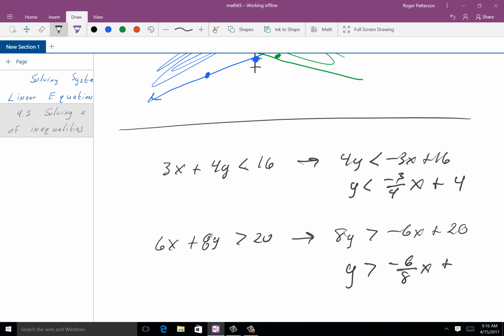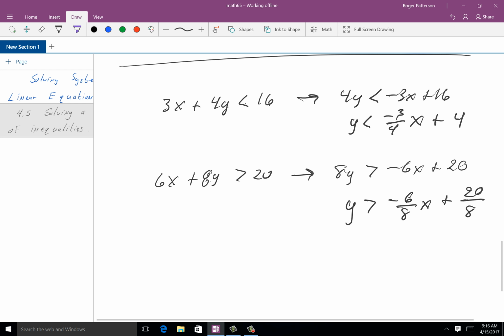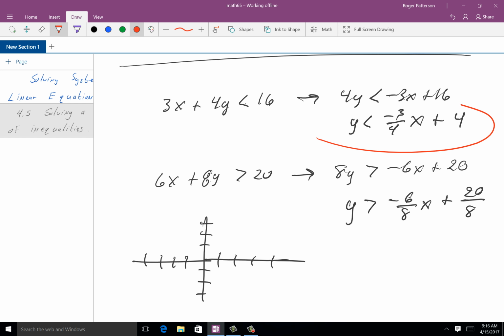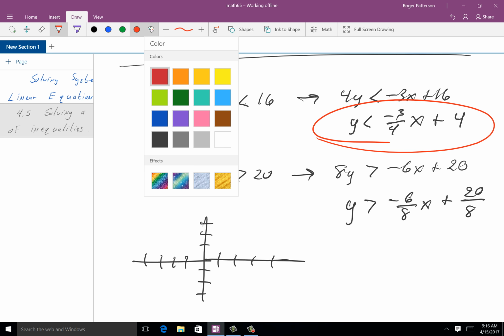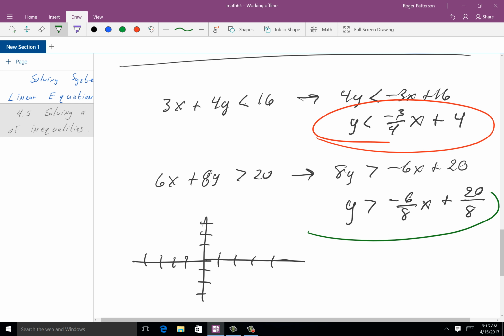Ooh, 20 over 8. That's nasty. Okay. Do this one in green or red. Let's pick a little darker green. All right, here we go.